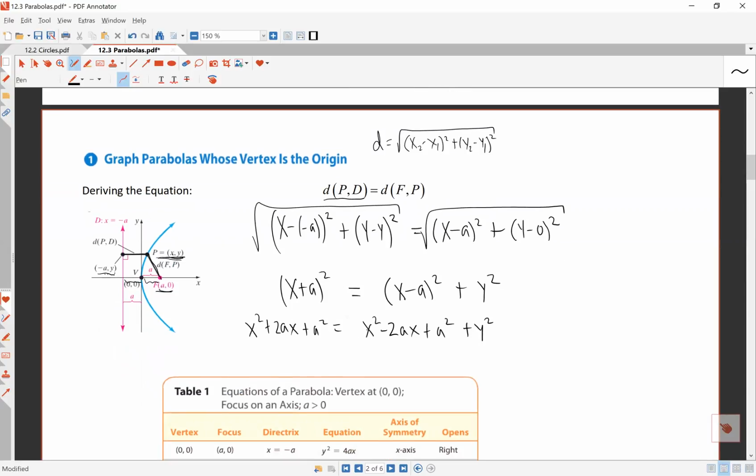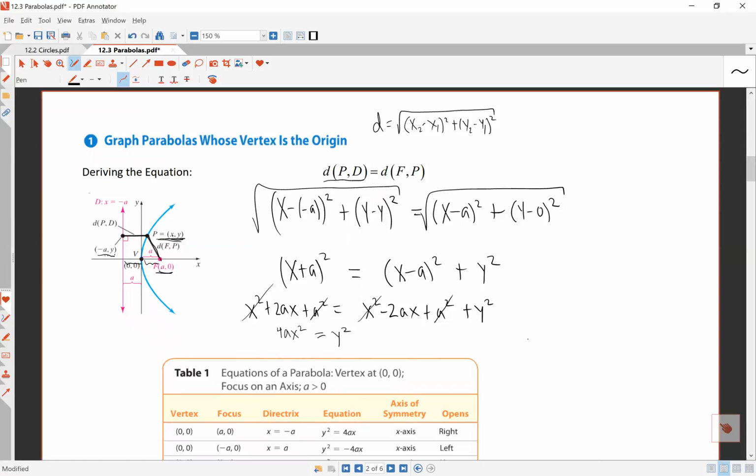Now, these x squareds cancel each other out. This becomes 4ax when I add 2ax to both sides. The a squareds cancel out, and I'm left with y squared. There is the equation of a parabola: y squared equals 4ax. Sorry, that's an ax.